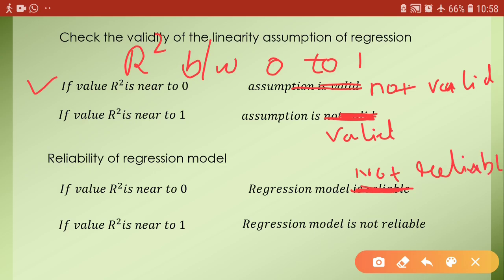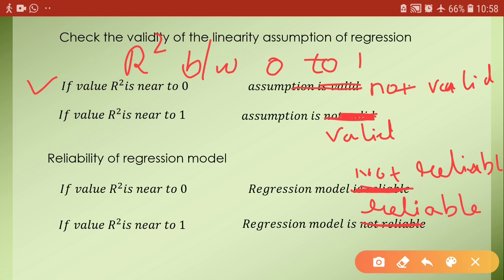And if your r square is near to 1, then it is reliable. So if r square is near to 0, not reliable; near to 1, reliable. If near to 0, not valid; near to 1, valid.